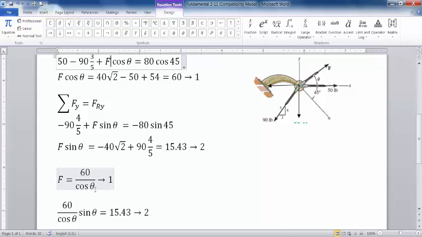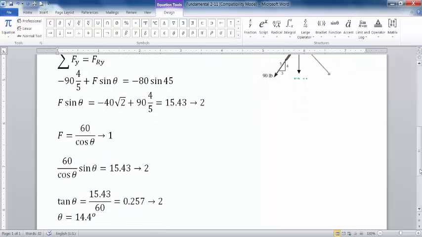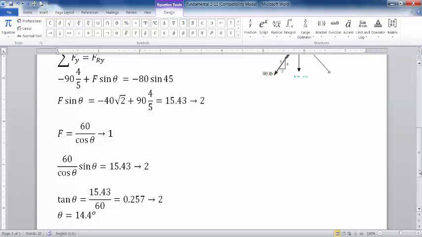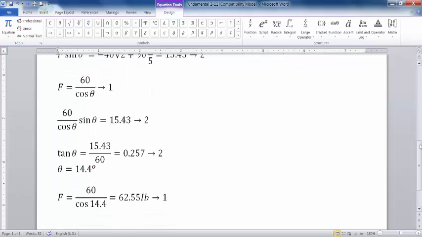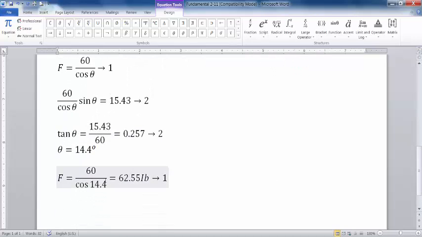Then substitute 60 over cosine theta for F in the second equation, which will be 60 over cosine theta times sine theta. Now sine over cosine will be tan, so now we can find theta. Going back to the first equation, substitute theta, and we will have F.